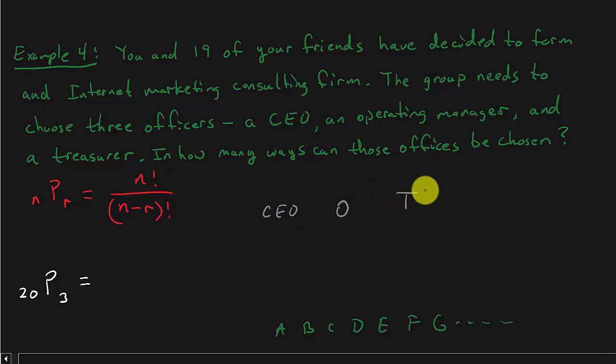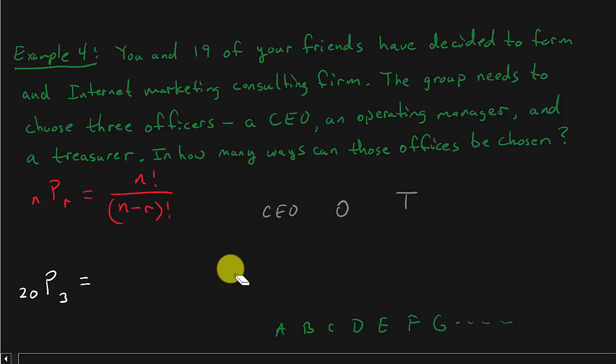So let's choose these people. Let's suppose I choose A, B, and C. So A is the CEO, B is the operating officer, and C is the treasurer. I chose A first, B second, and C third.